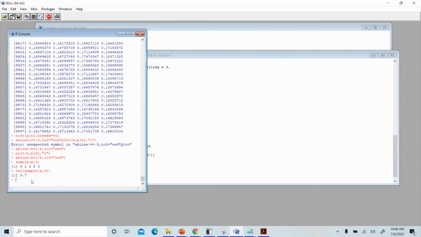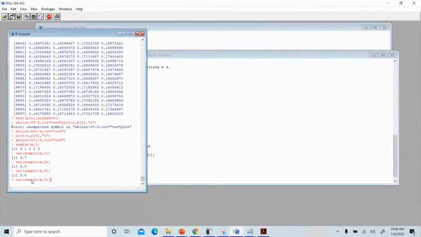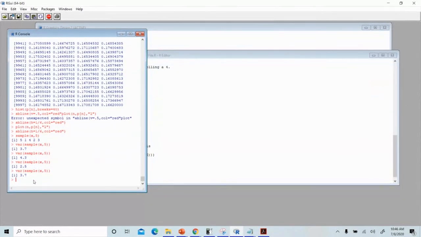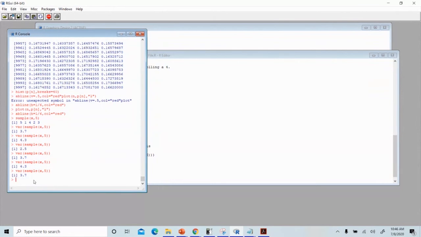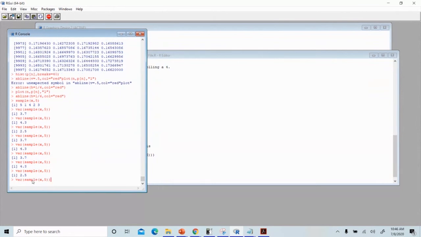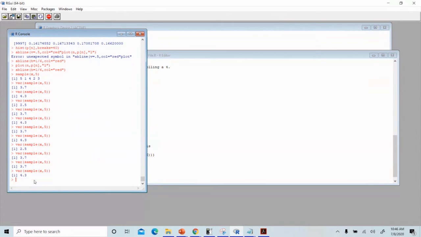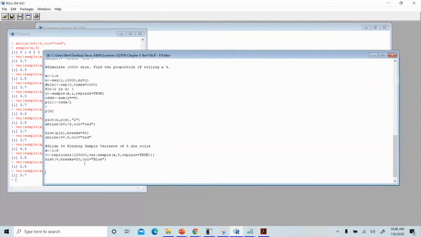R will calculate that for me pretty easily. Then I could do it again and again. Okay, and it'll give me different variances. Now we'll notice that some of them can be pretty low, but then some of them can get up there.